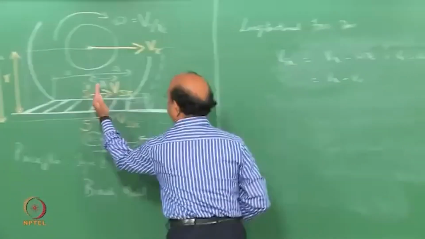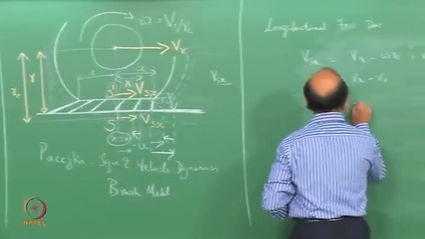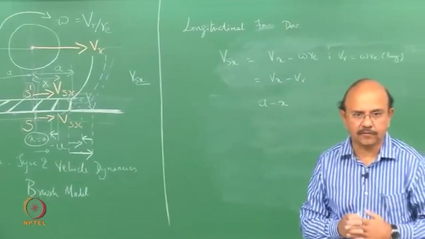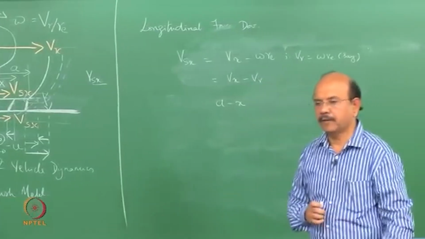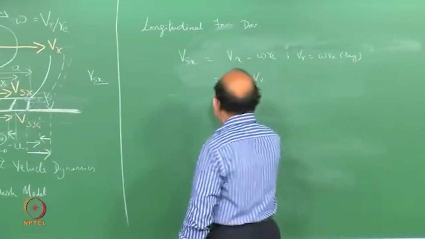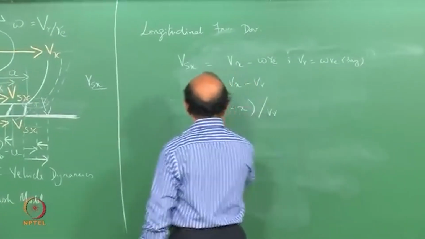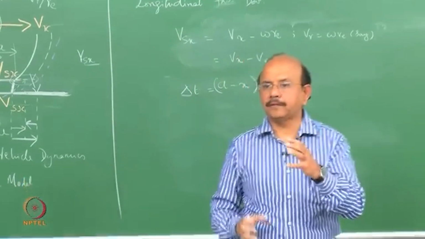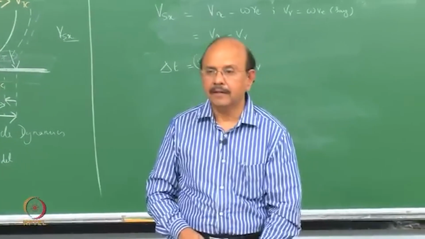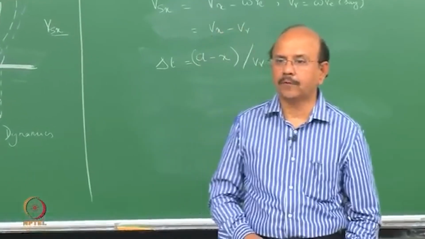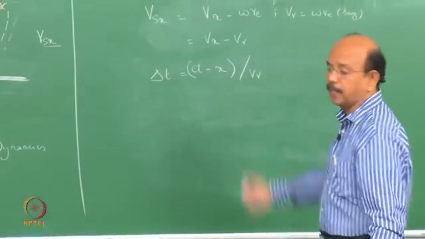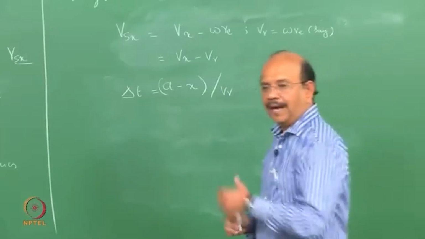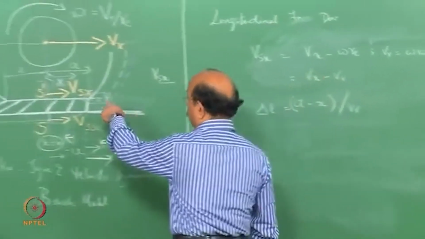In other words, the base point travels a distance of a minus x in a time delta t. The base point is traveling with a velocity Vr, and hence it moves in the time a minus x into Vr.